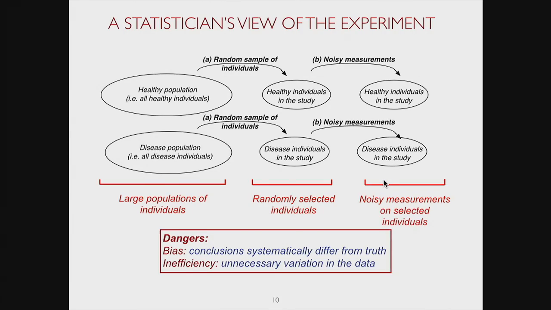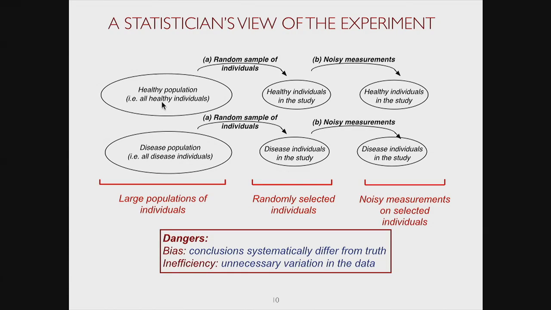And so now, because we have two layers of variation and uncertainty, we have two types of dangers. One is the bias, and this is really the worst type of danger. So bias means that the conclusions based on what we observe are systematically different from the truth that we're interested in, which is what happens in the actual populations, right?